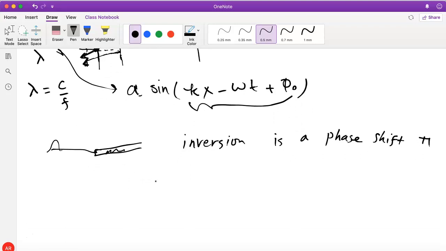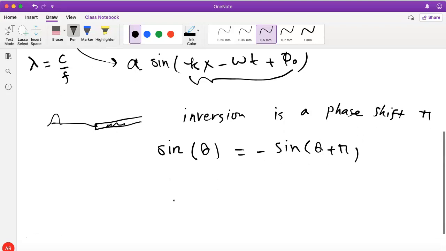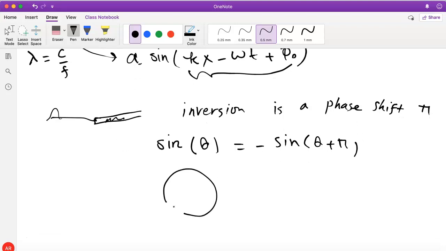Because sine of theta is minus sine of theta plus pi. Any sine function, let's say you have the sine of theta for some angle, then you add pi, you go on the other side, and both its sine and cosine get a negative sign.